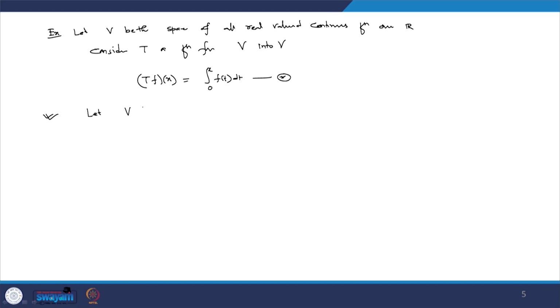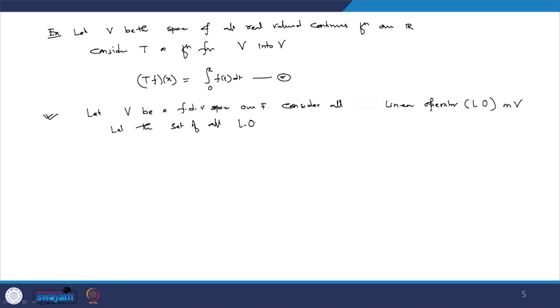Let V be a finite dimensional vector space over the field F. Consider all linear operators on V. Let the set of all linear operators on V be denoted by L(V,V). Okay. So, it is basically the set of all linear transformations from V into V.